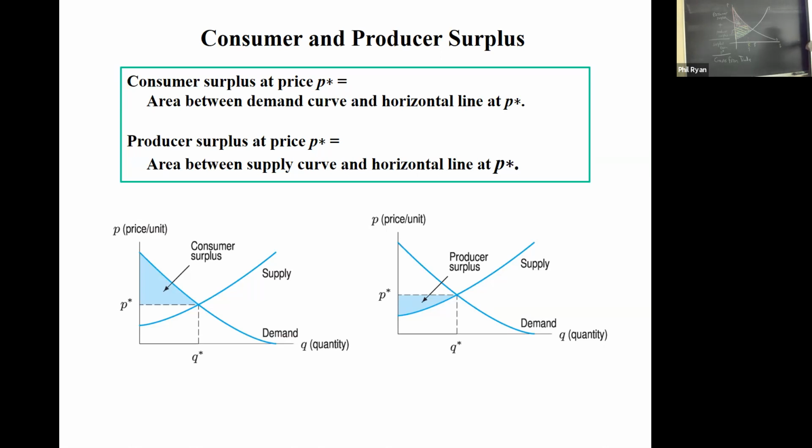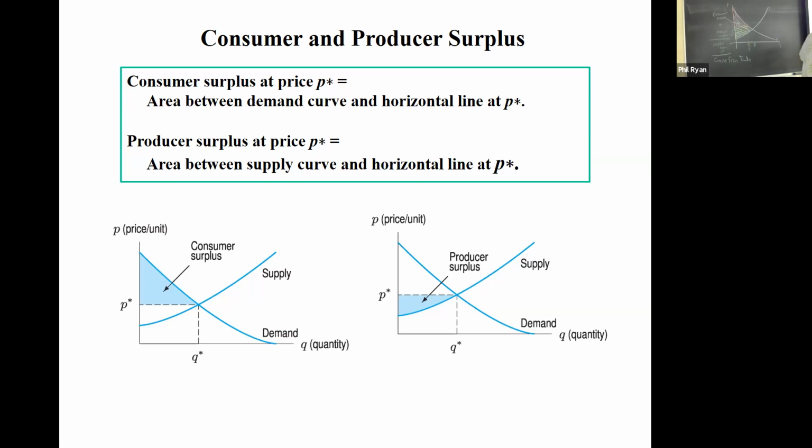Remember, the equilibrium price is a horizontal line, right? So that's just P equals P star, this line here. And the producer surplus is the area between the supply curve and the horizontal line at P star.